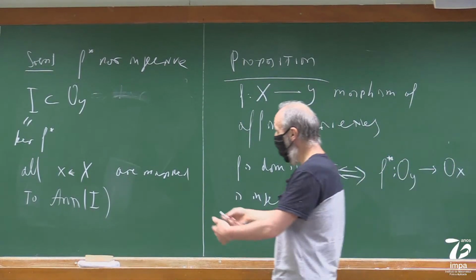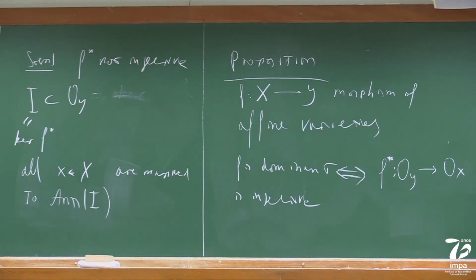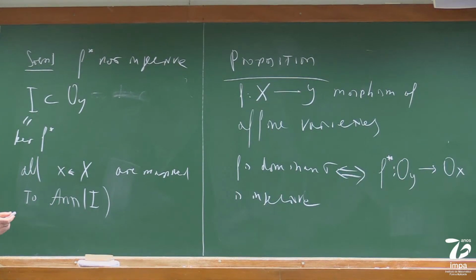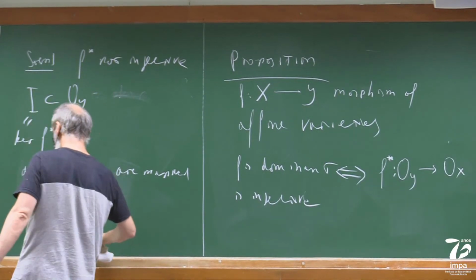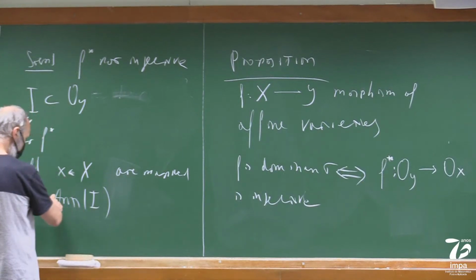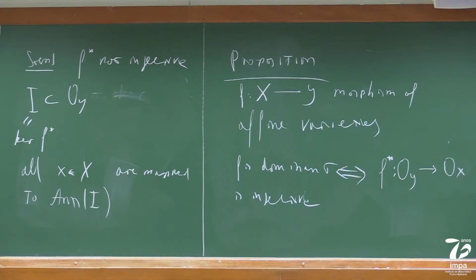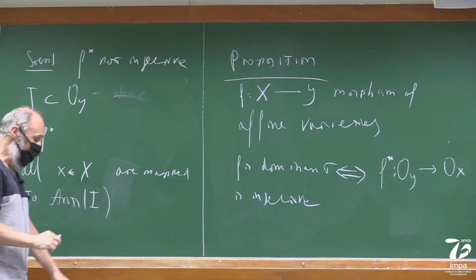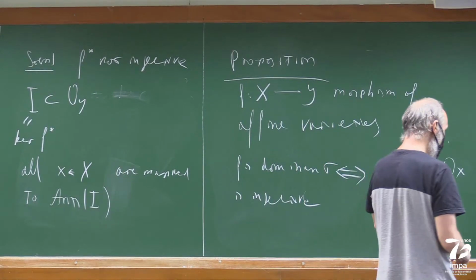This means that X is mapped to the zero set of I. So the image belongs to the Zariski closure, this zero set of I, which is a proper subset because I is a non-trivial ideal. So this is one direction.